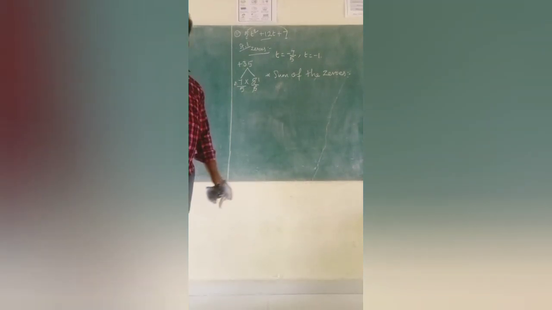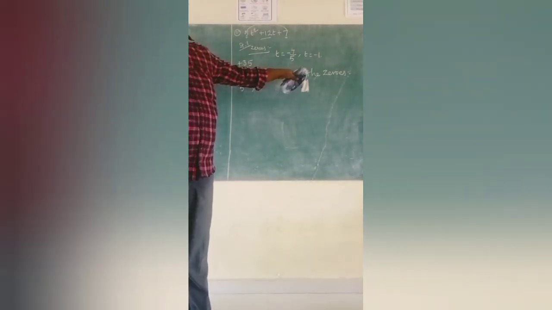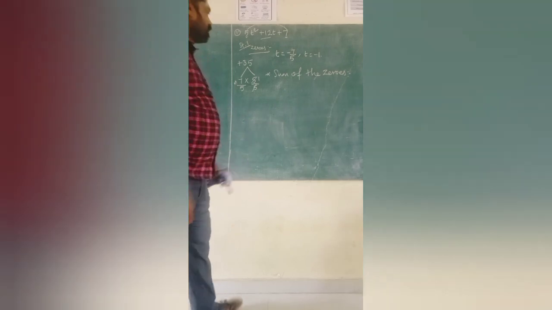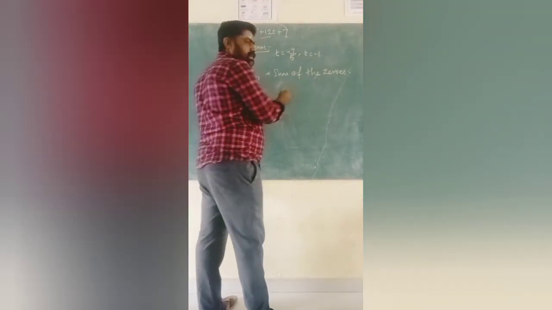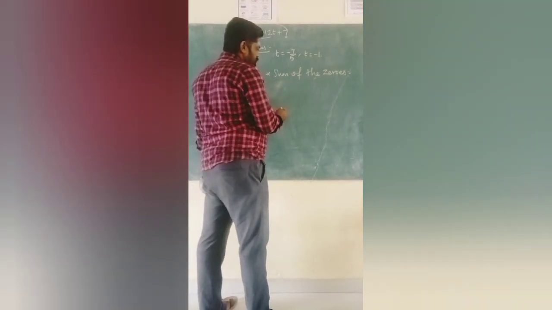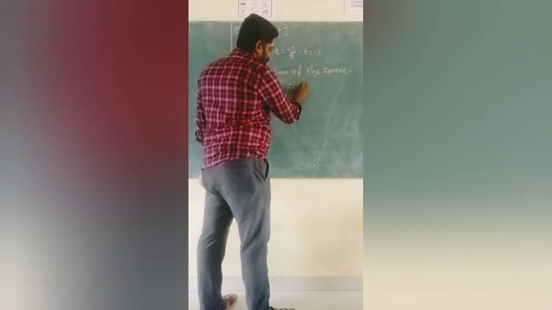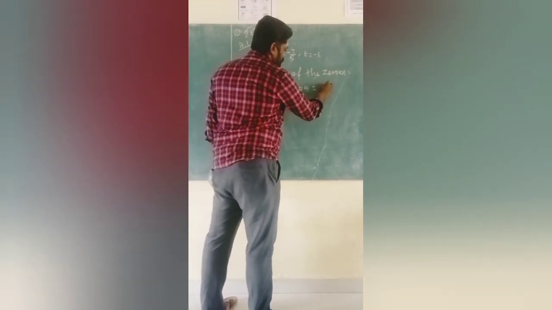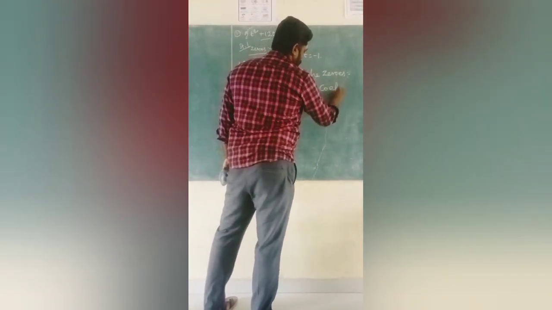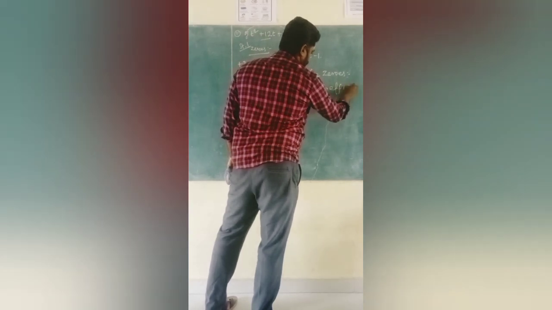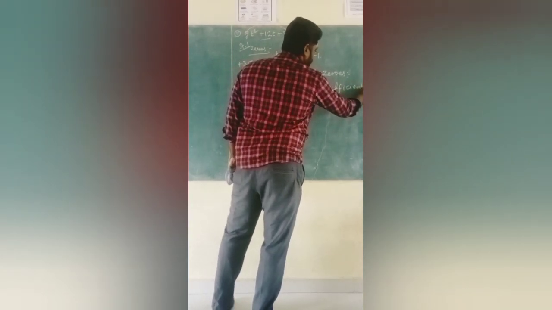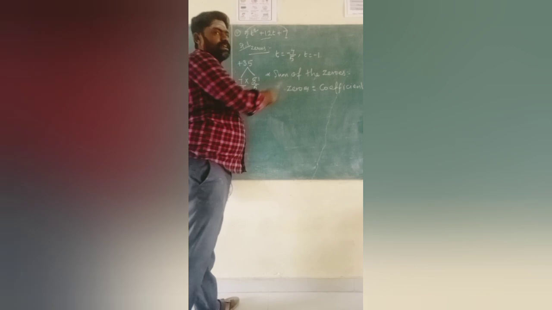First we are going to verify using the sum of the zeros. Listen, how can you verify them? The sum of the zeros and the coefficients, if both are equal, then we can verify it.